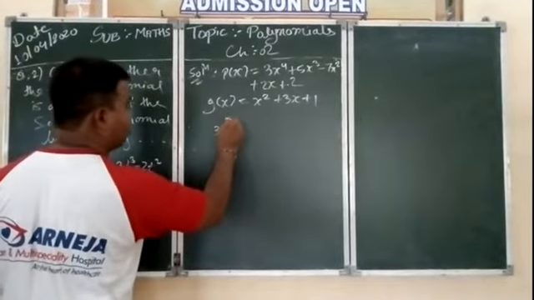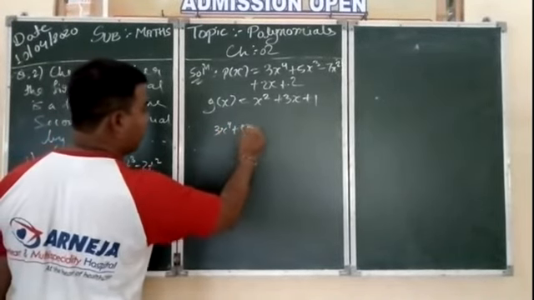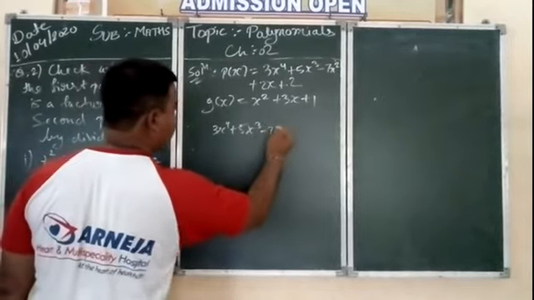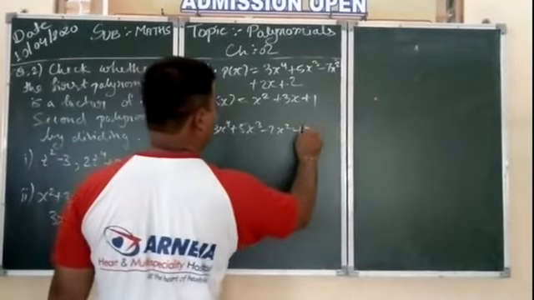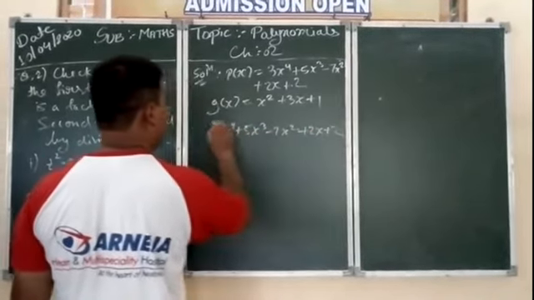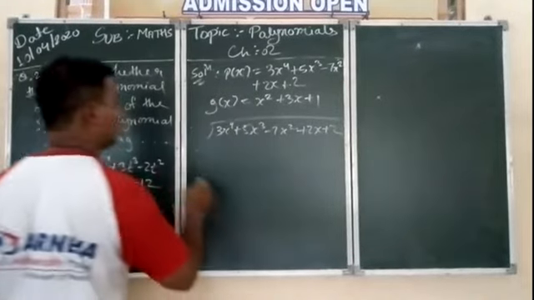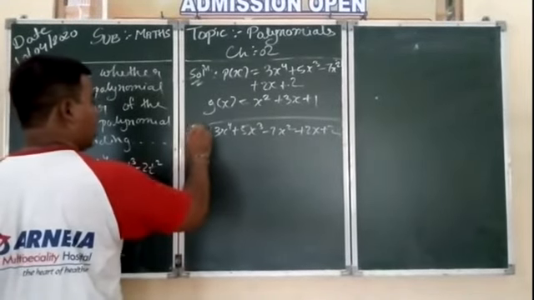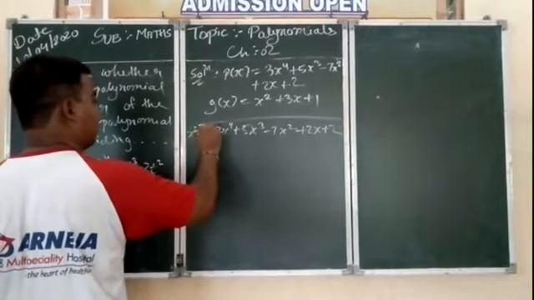So we divide 3x raised to the power 4 plus 5x cube minus 7x square plus 2x plus 2 by x square plus 3x plus 1.